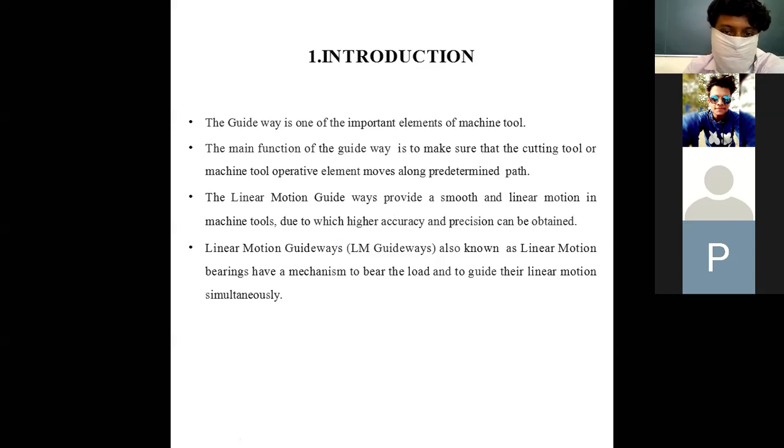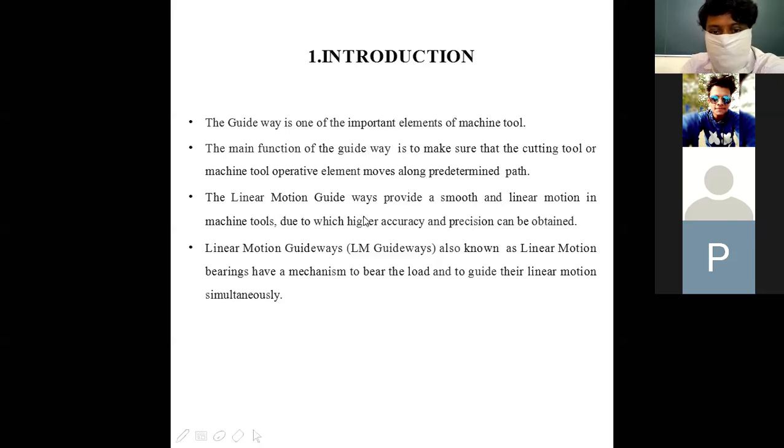So when the path is predetermined, we must ensure that this path is followed by the mechanical components holding the cutting tool. In that objective, these linear motion guideways help us. They guide and make sure that the cutting tool is moving along the predetermined path, okay.